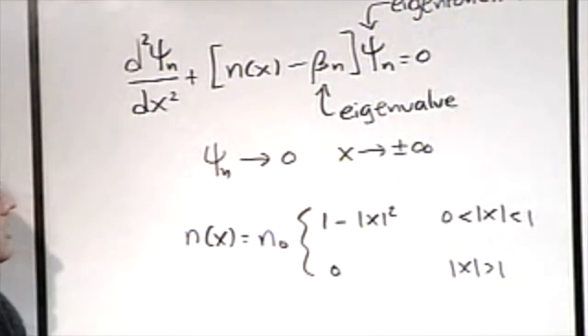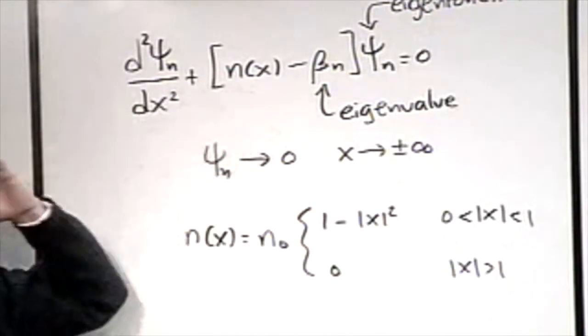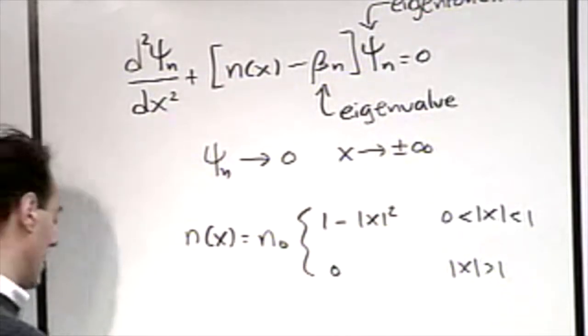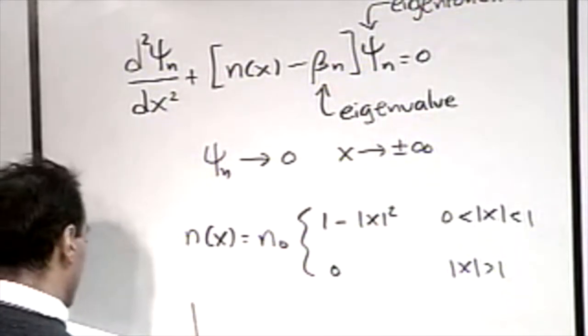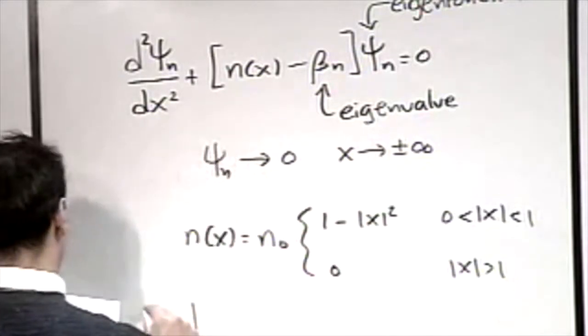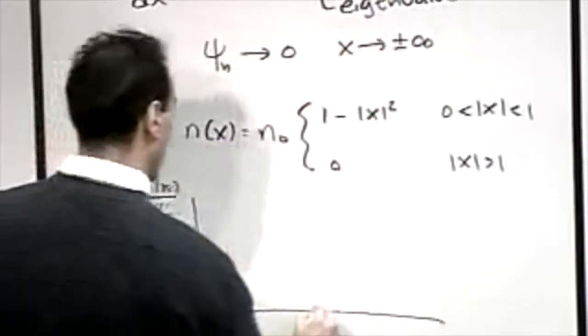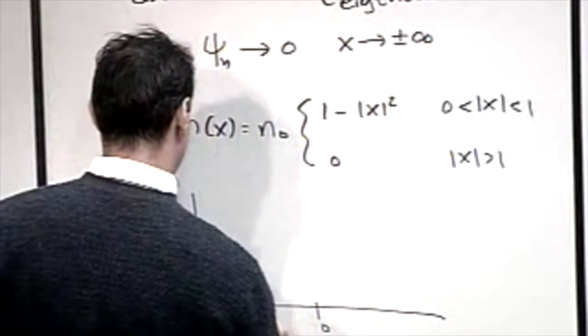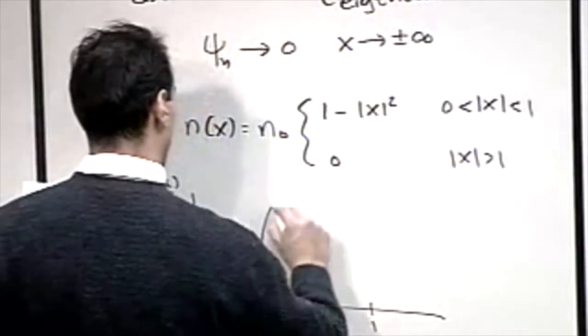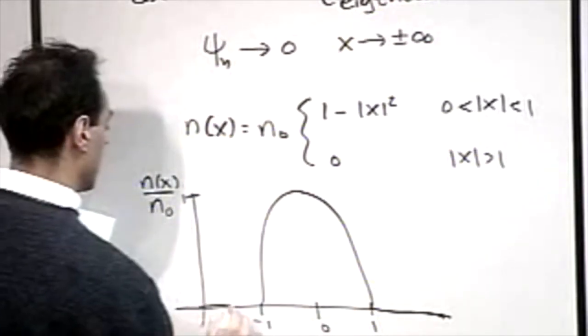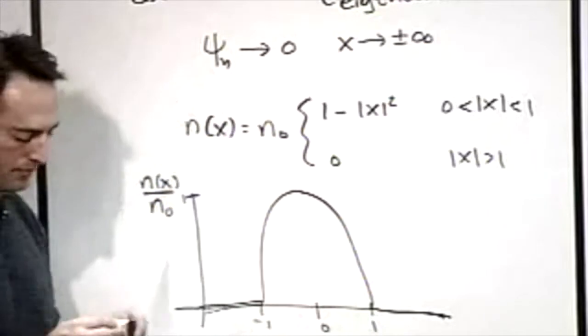Okay? Now, n of x here is going to be very important for us. n of x is given by this functional form here. And if you plot n of x normalized by n naught, what you get at 0, -1, 1 looks like a little parabola like this, with the value of 1, and then it's 0 elsewhere.